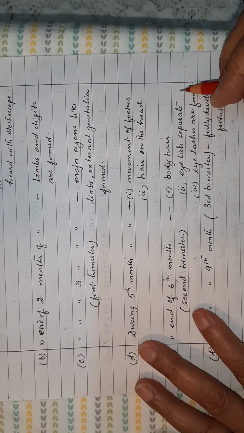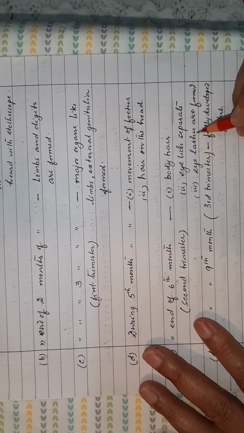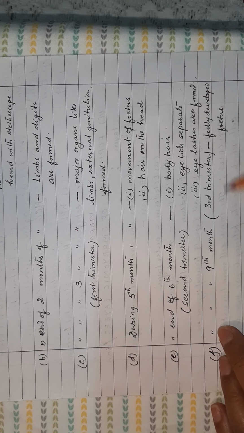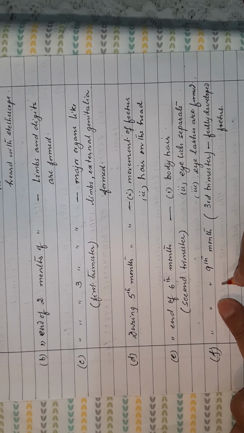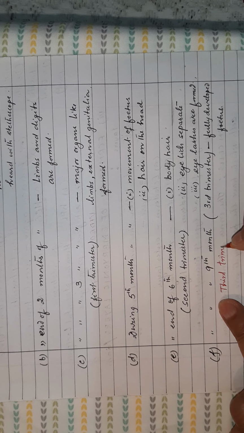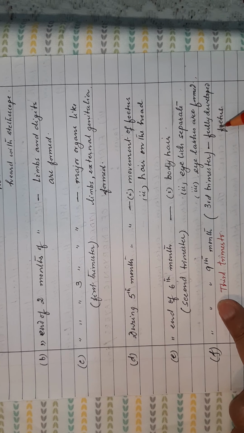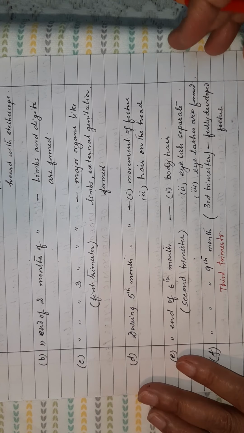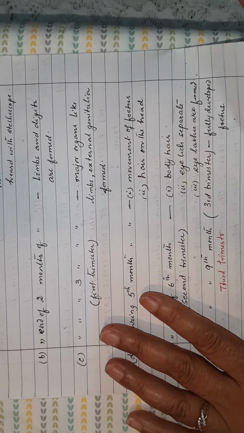Eyelids separate and eyelashes are formed. And by the end of the ninth month, that is the third trimester, the development is completed, the fetus is fully developed and ready for delivery.